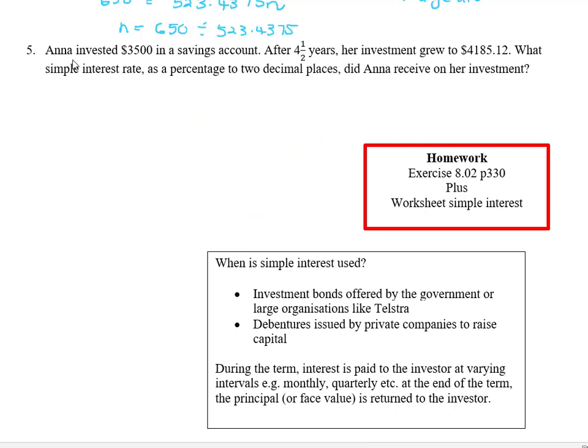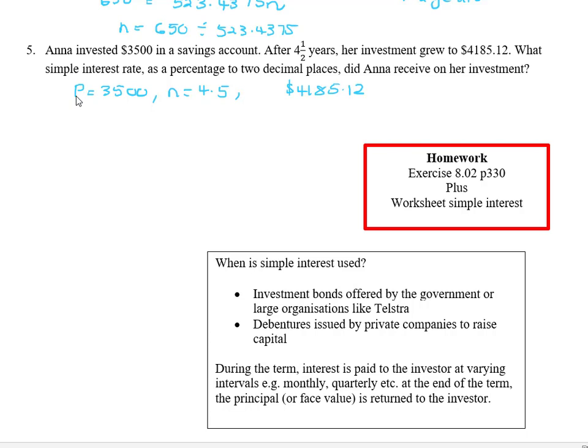And here's another question that's quite similar. We have Anna investing a principal amount, which is 3,500. We're told our time period is 4.5 years, so I might just write that as 4.5. And we know it has grown to $4,185.12. Now that's what it's now worth.